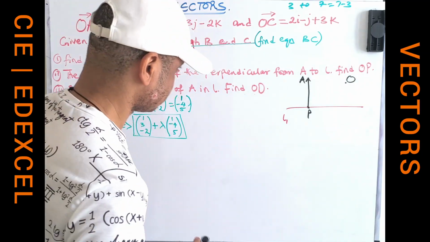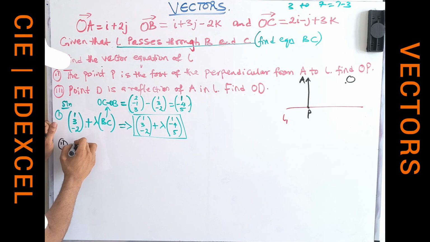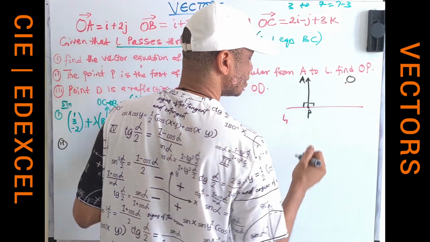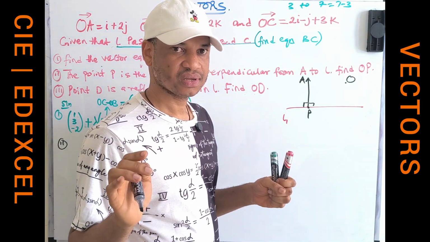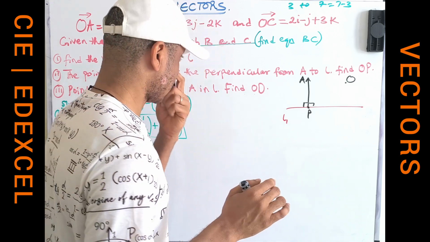To do this, we need the dot product. Because this is perpendicular, you should know that the dot product of two vectors gives me 0. So you should know that.